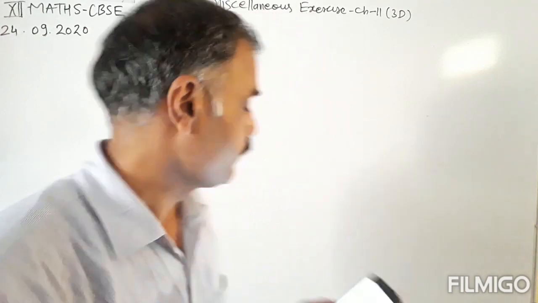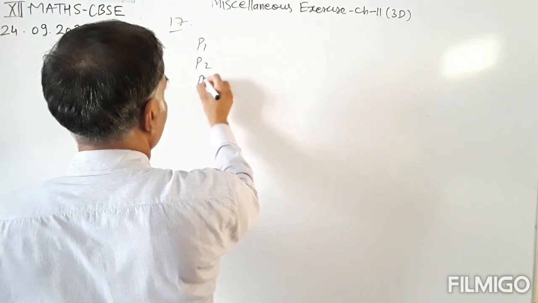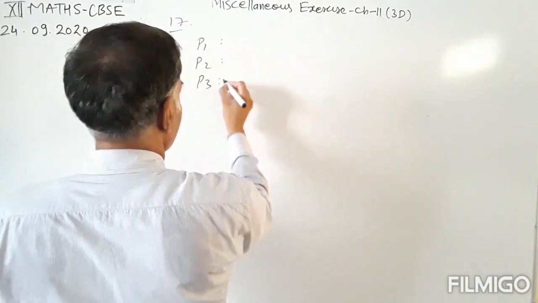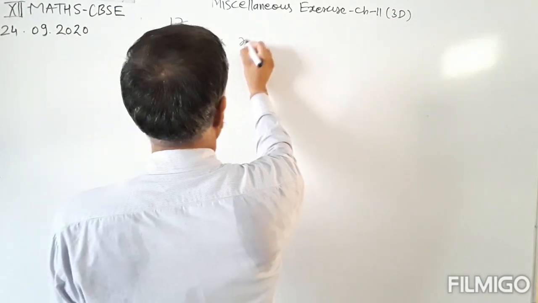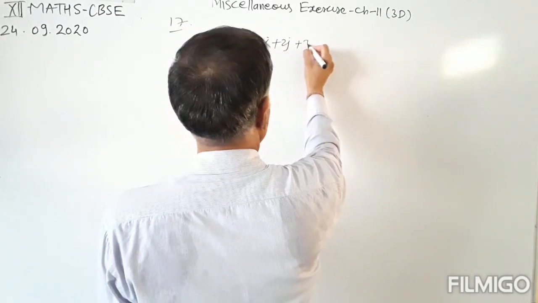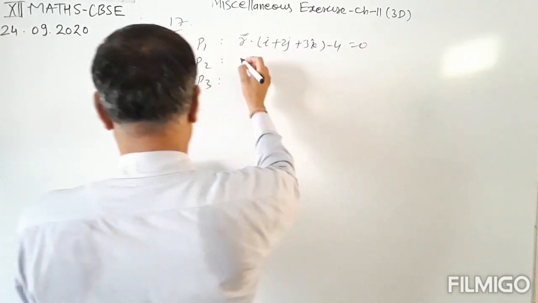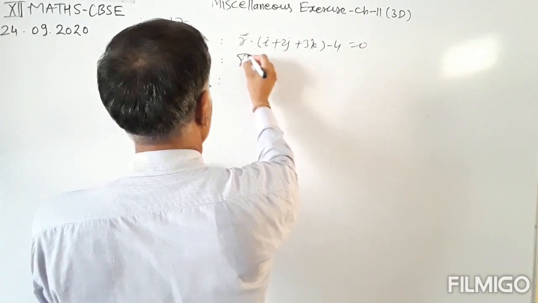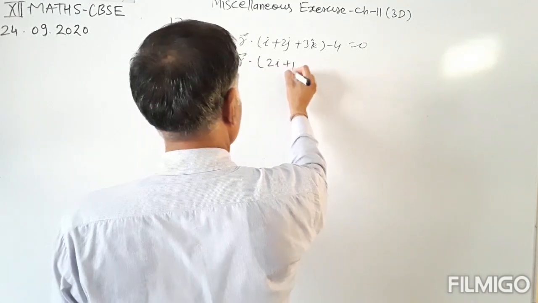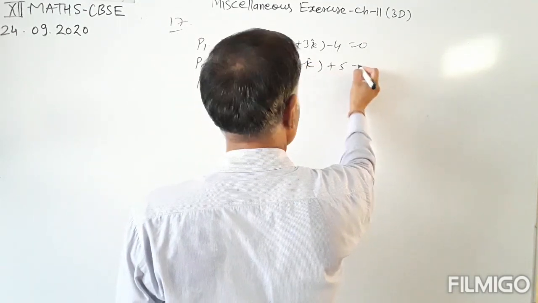So we have been given three planes P1, P2 and P3. The P1 plane is r vector dot (i cap plus 2j cap plus 3k cap) minus 4 equals 0. The second plane is r vector dot (2i cap plus j cap minus k cap) plus 5 equals 0.